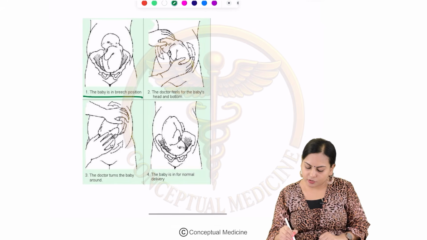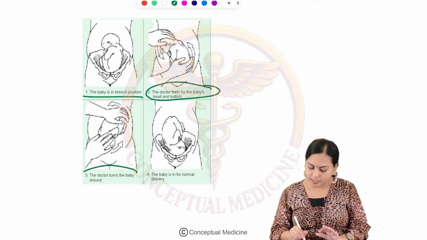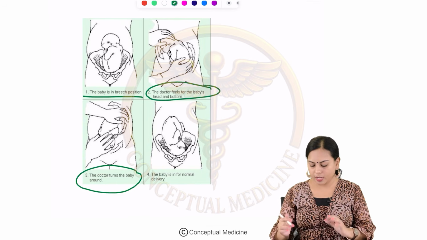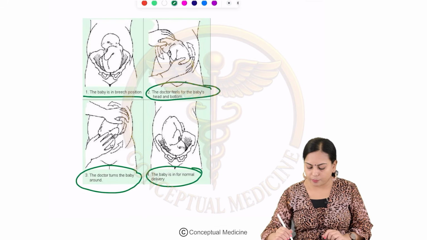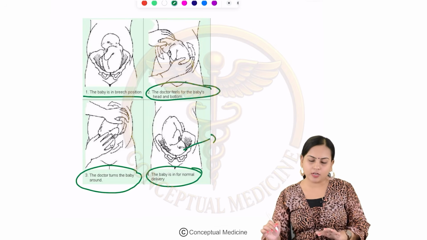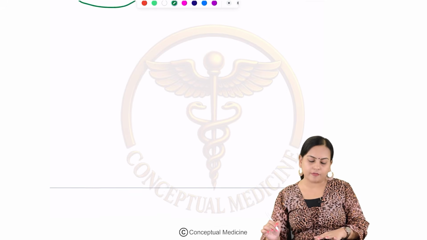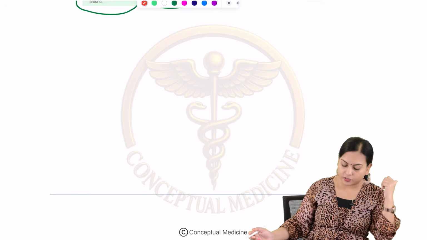Then the doctor feels for the baby's head or the bottom. Then the doctor turns the baby around slowly, and the baby will be in the normal position for delivery, normal presentation for delivery. It has been turned around and brought to cephalic presentation. Clear? Now we will talk more about external cephalic version.